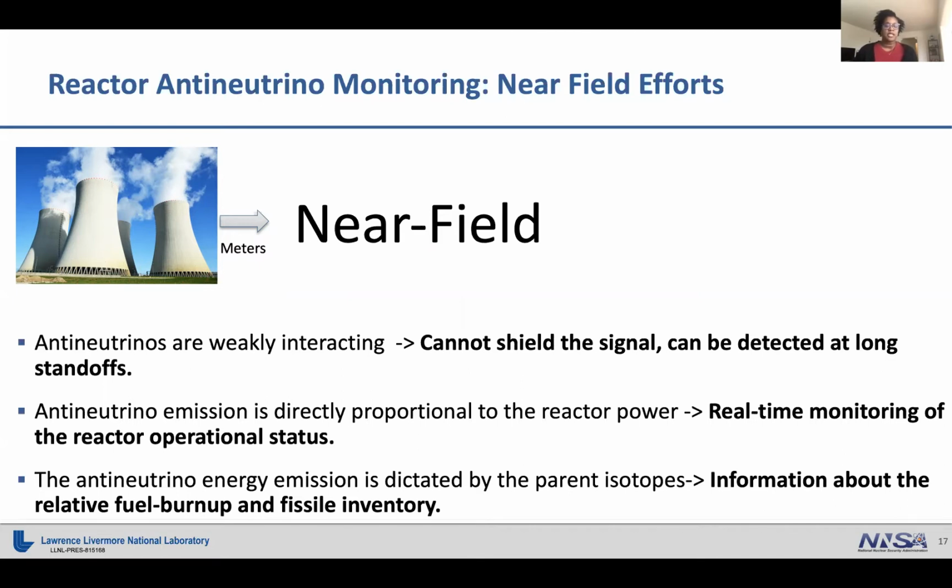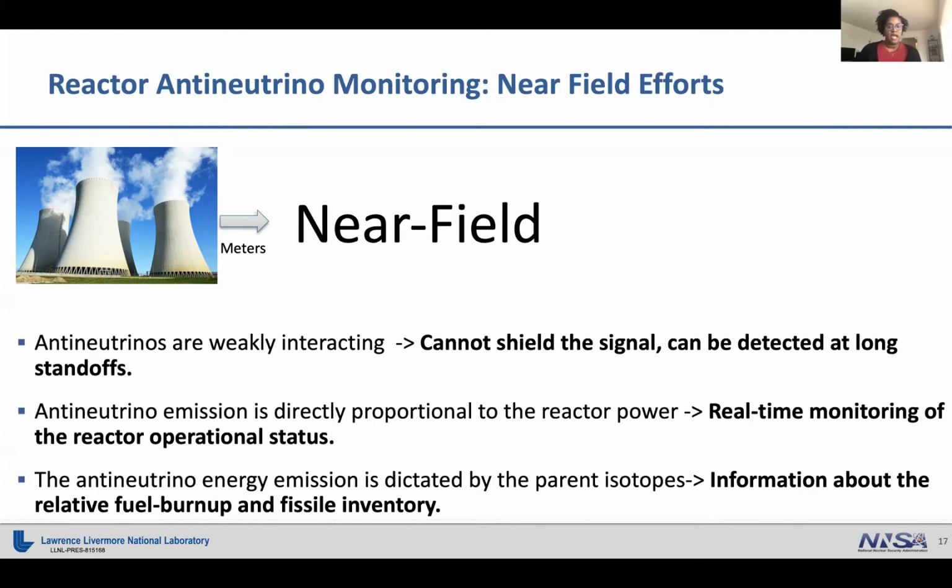You couldn't put layers of lead in front of your detector. And so you can detect them at longer standoffs on the order of meters. The antineutrino emission is directly proportional to the reactor power, so this gives you some real-time monitoring of the reactor operational status, as well as the fact that antineutrino energy emission is dictated by its parent isotopes. And so you have some information about the relative fuel burnup in the fissile inventory. And so we demonstrated in previous case studies why that could be interesting for nonproliferation.